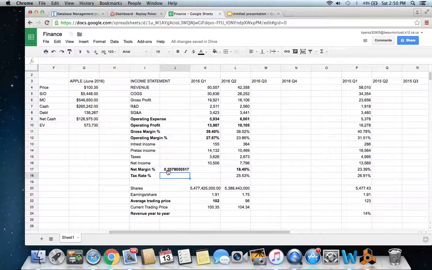So basically, for every dollar you give Apple, Apple keeps about 20% of the dollar that you give them. And a lot of people don't know that. A lot of people think it must probably cost them like $2 to make an iPod.